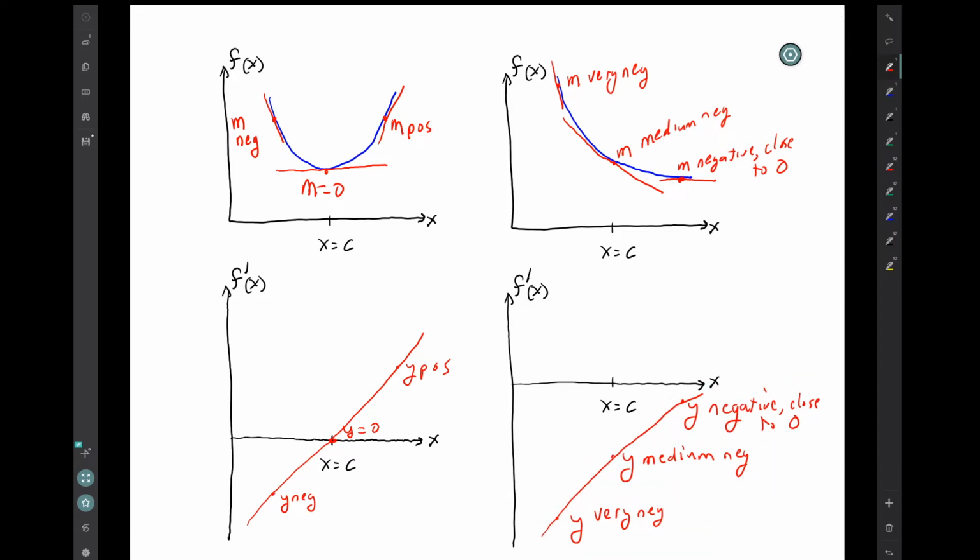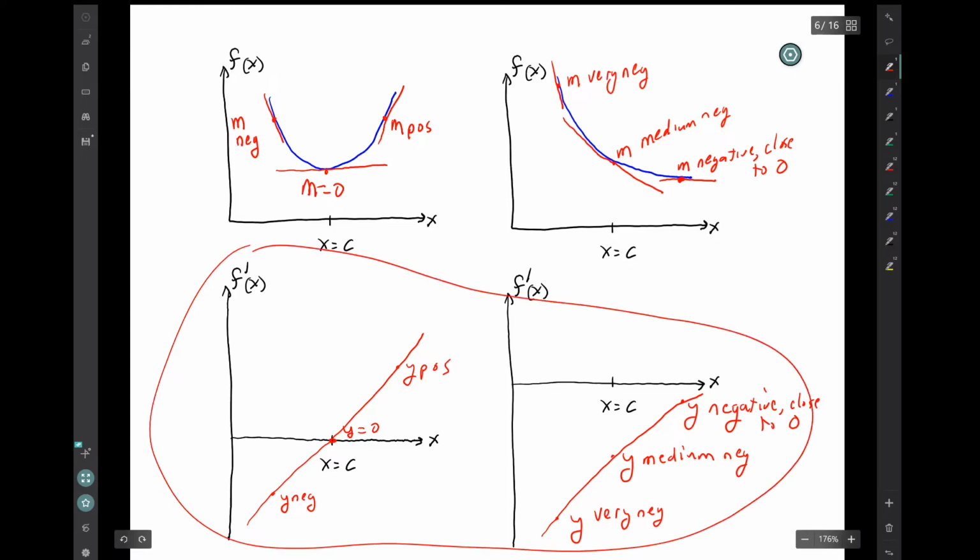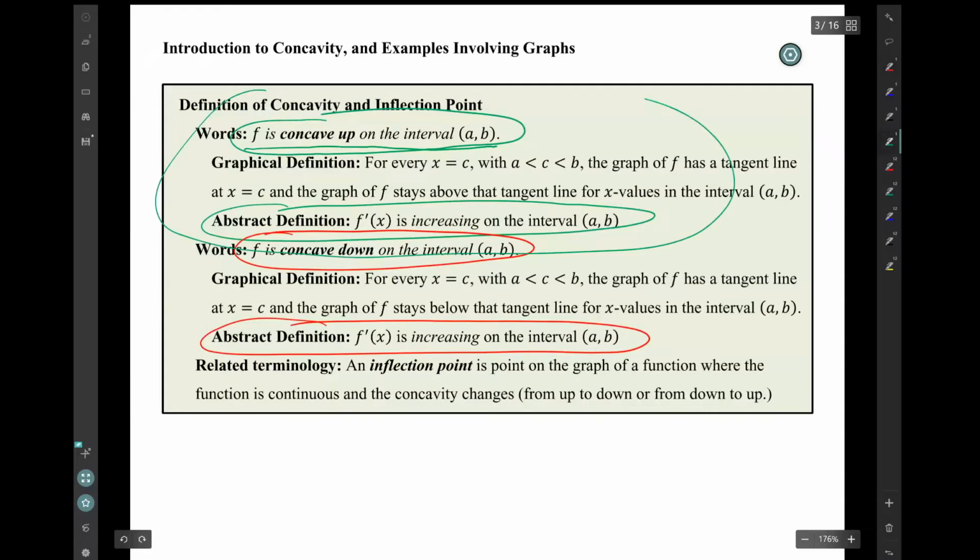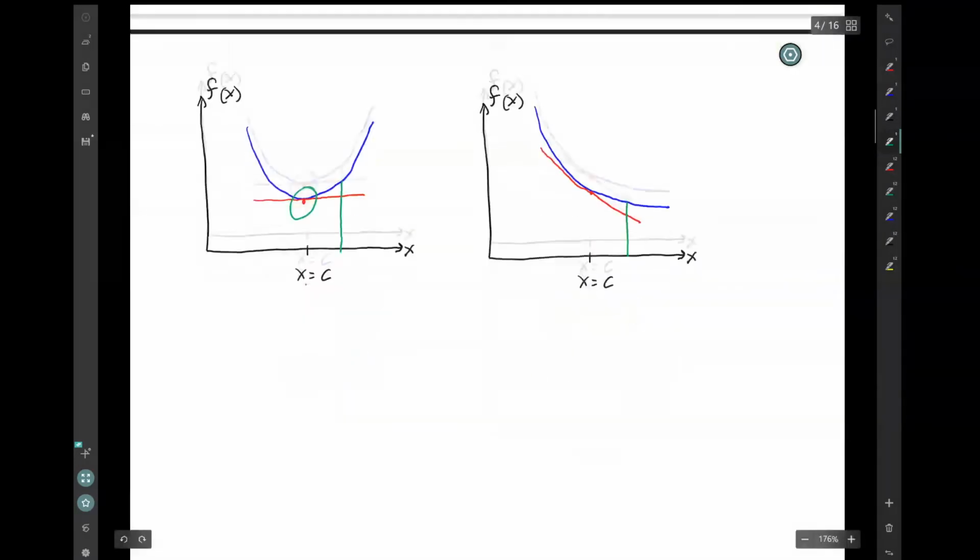So you see that both of these graphs of f prime are increasing. So this abstract definition of concavity, that f prime is increasing on the interval a comma b, corresponds to f being concave up on the interval. It agrees with the graphical definition. Let's go on.